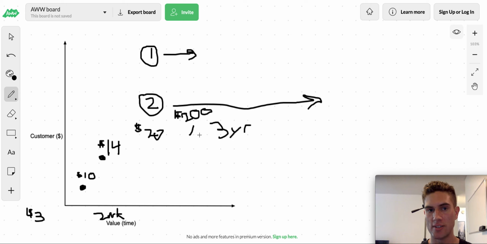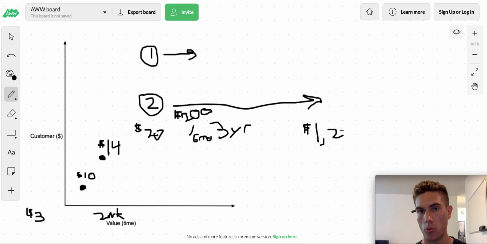So if this is every 6 months, over 3 years, this customer is going to be actually worth about, what is that, 4 times 3, about $1,200. So with brand, you've just built $1,200 worth of business out of the same $20. With sales, usually the relationship stops after that $200.